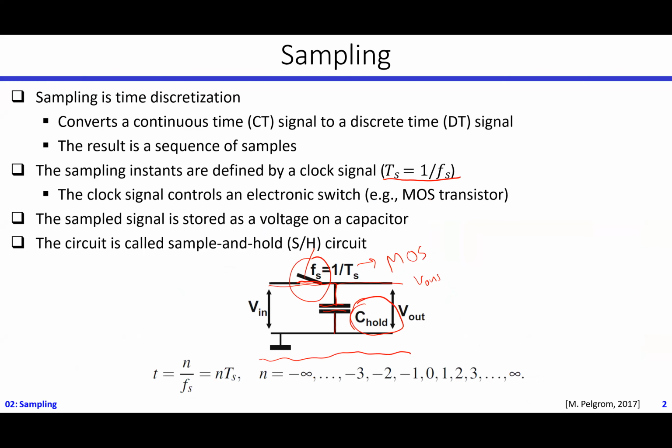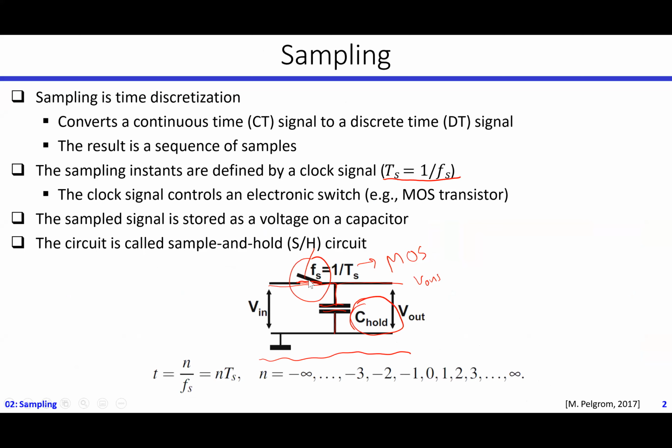Yeah, I have a question. So basically, how am I going to control the sampling time here? Anybody? By the clock cycle, changing the period of the clock. Yes, so where is the clock? The clock is basically controlling this switch.